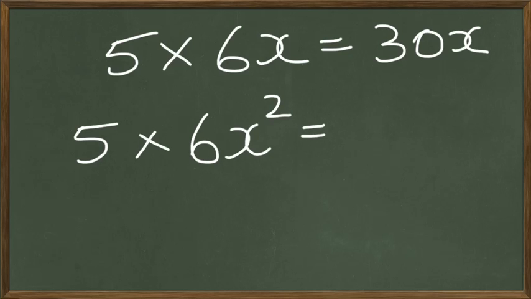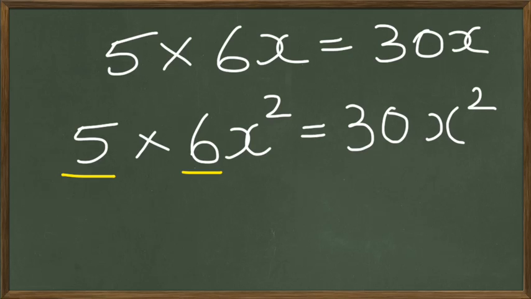The numbers you're still going to be multiplying. When you multiply the two numbers, you are still going to get 30. And the x squared is just going to be left behind. Because remember, 5 times 6 is 30, and the variable x, we can't really do anything with it. So you just leave it as it is.